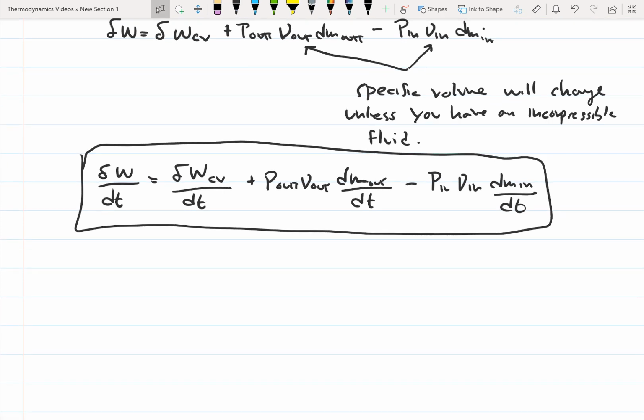Now let's go back to our general equation, well, basically let's write our equation for the first law.